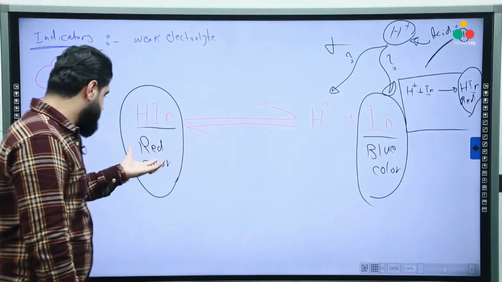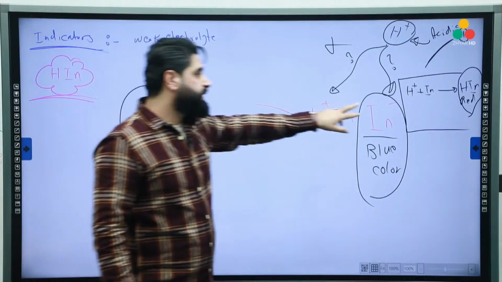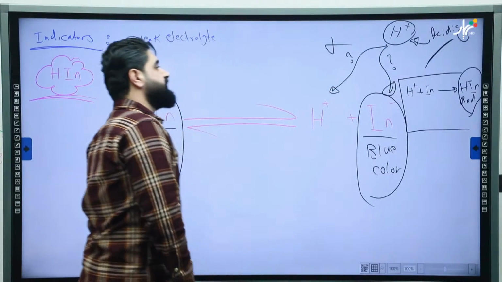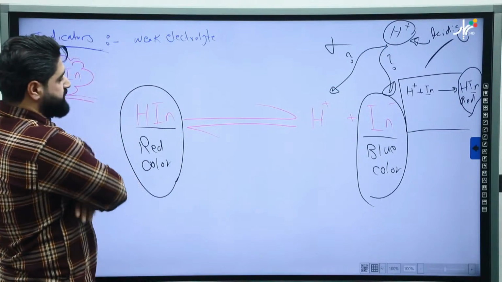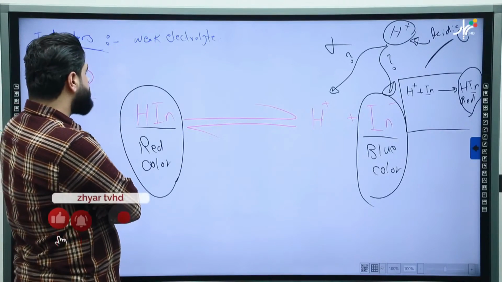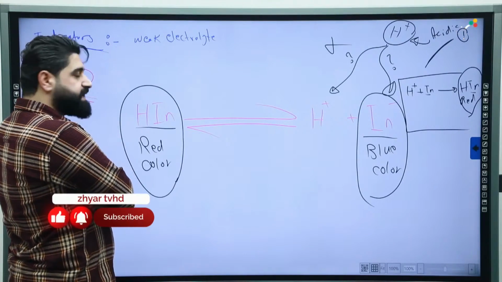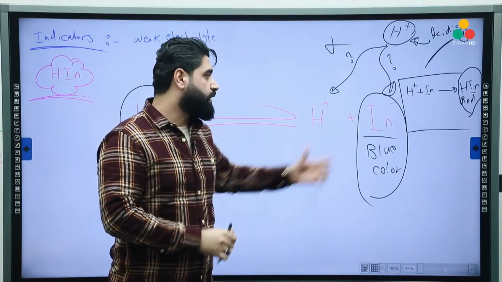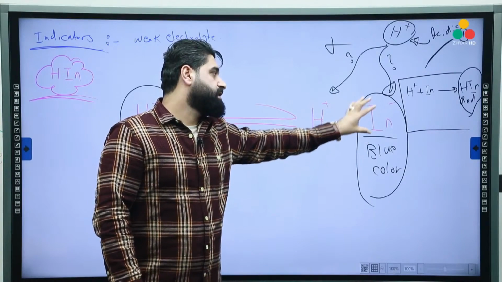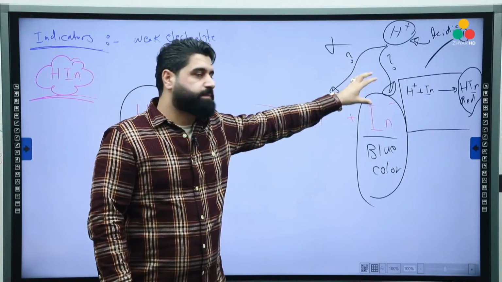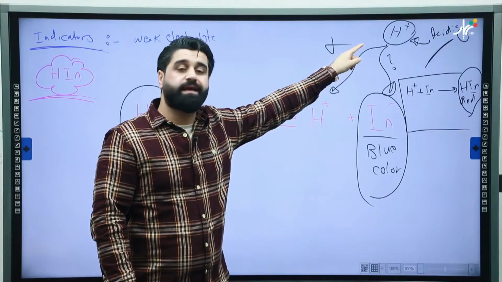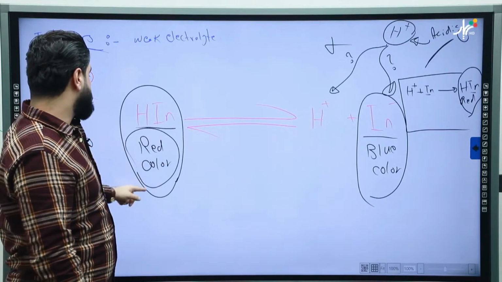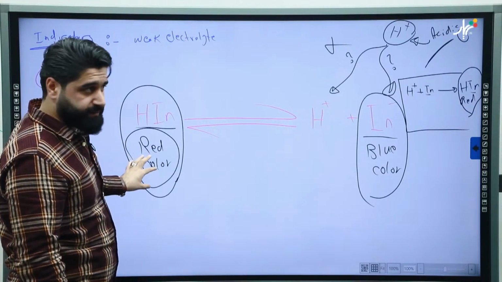HIn will increase due to the combination between In negative and the H plus provided by the source of the medium, I mean acidic. That's why when we put an indicator into an acidic medium, the color turns red, because all the In negative accepts a proton in the acidic medium and becomes HIn, which has red color.